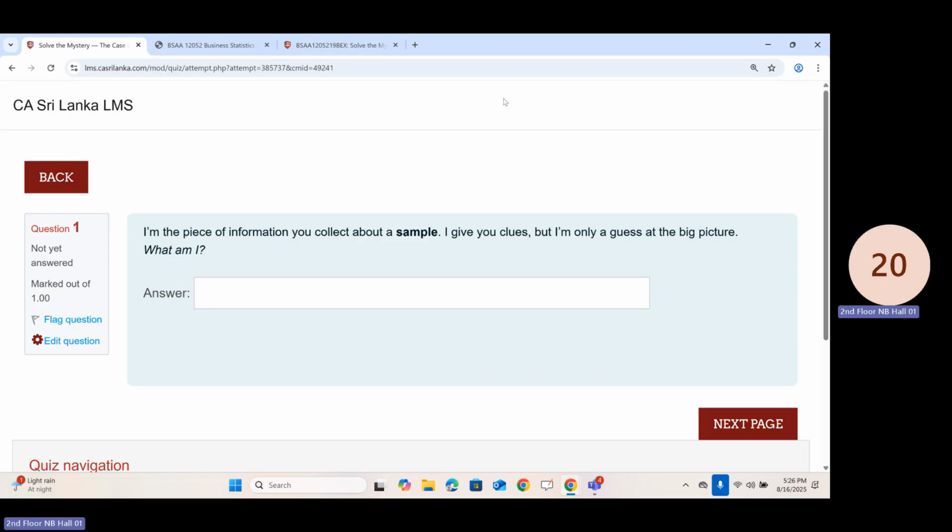A piece of information you collect about the sample. Last week we studied the important concepts in the statistics part. Tell me the answer.